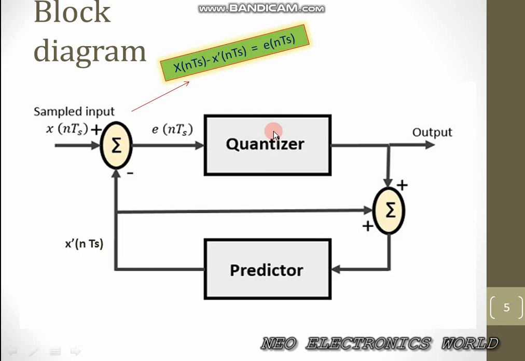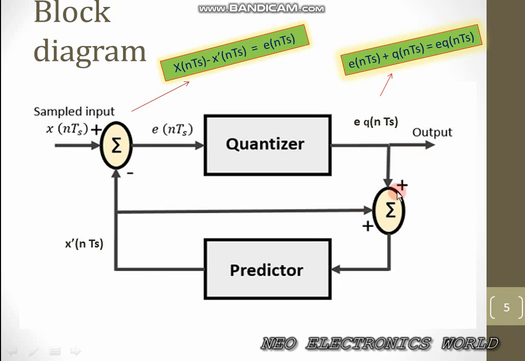The quantizer will have a quantization error, q of nTs, and this error along with the signal will produce eq of nTs, the output of the quantizer. This quantized error signal is encoded to the output and transmitted. This is the transmitter part of the block diagram.